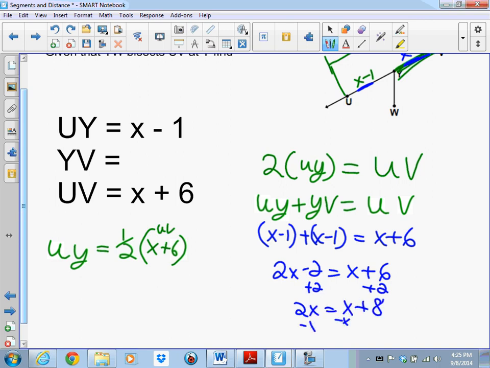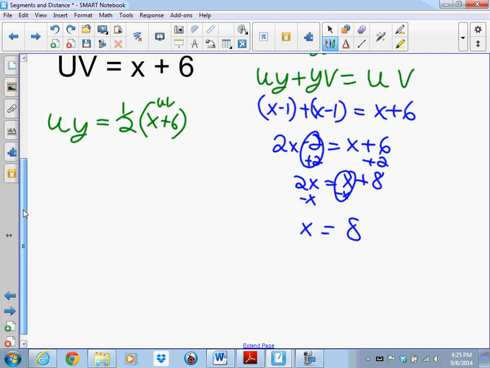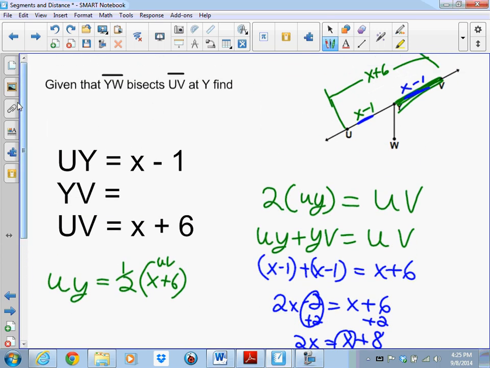Minus x. X equals 8. Now we go and plug these in. 8 minus 1 is 7, and 8 plus 6 is 14. So here we can plug in, these are both 7, and this is 14.